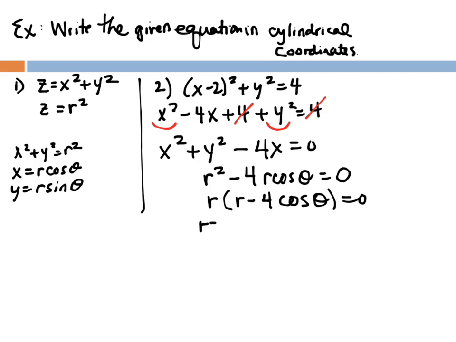So we end up getting r equals 0 and r equals 4 cosine of theta. In particular, when we're looking for limits of integration, that would be helpful, wouldn't it? Because we'd have a lower limit of 0, generally speaking. Well, not necessarily, it depends on the thetas that we're using. But we have one limit of 0. I guess with r it would be a lower limit of 0, and then the upper limit would be 4 cosine theta.